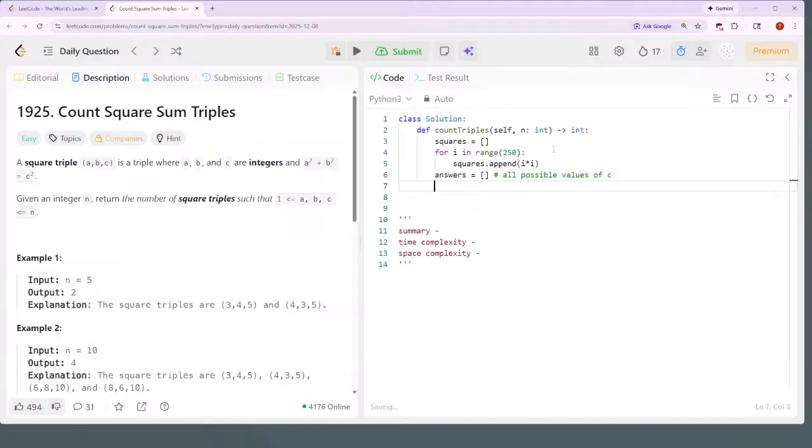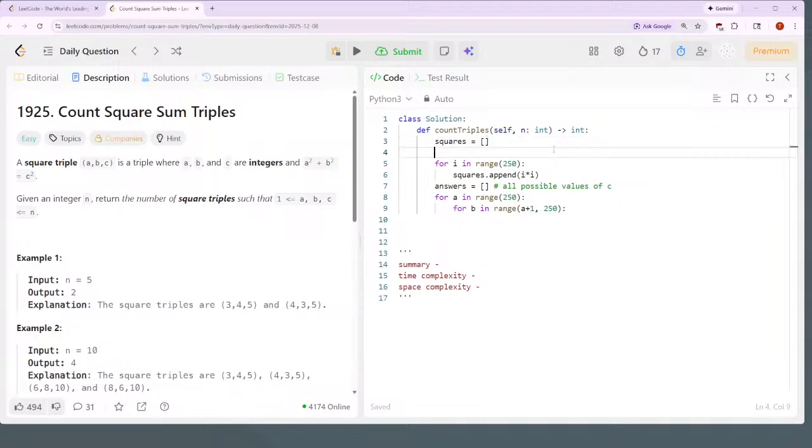So for every a in range, I guess 250, for every b in range a plus 1 to 250, I kind of want to check to see if there's a set here, because I want to see if c is in the square set, or I can manually check it, I guess, with a computation.